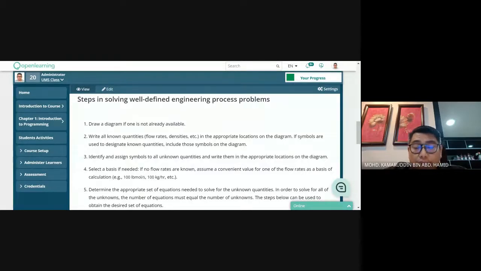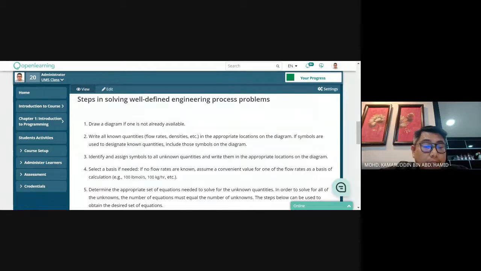You write down all those variables there. The unknown is okay. If symbols are used to designate the known quantities, include those symbols in the diagram. Kalau tiada pun, then you need to use your own symbol. Okay, kalau dibagi, yes, you just copy it. Okay, that is number 2.